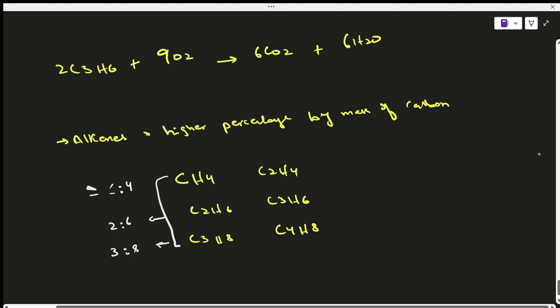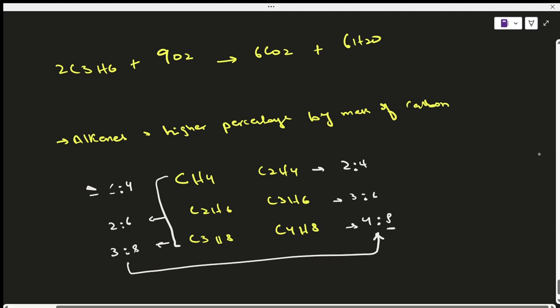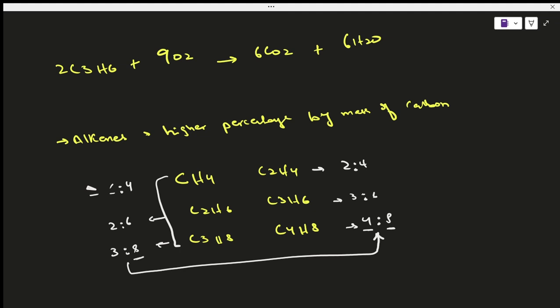But if you notice here, you have 2 carbons and 4 hydrogens. Here you have 3 carbons and 6 hydrogens, and here you have 4 carbons and 8 hydrogens. So if you compare, for 8 hydrogens, alkenes have 4 carbons, and alkanes on the other side for 8 hydrogens have 3 carbons, which means 1 less carbon.